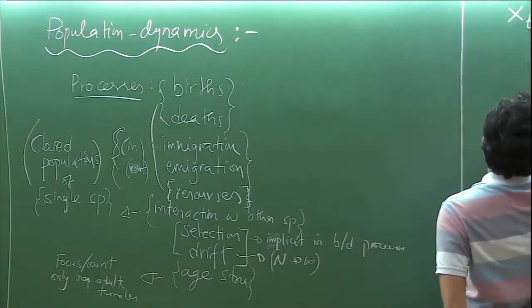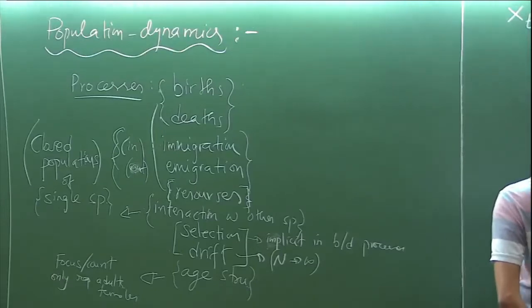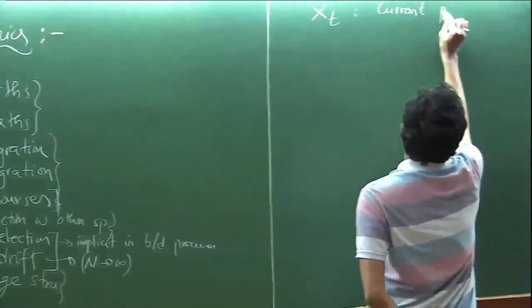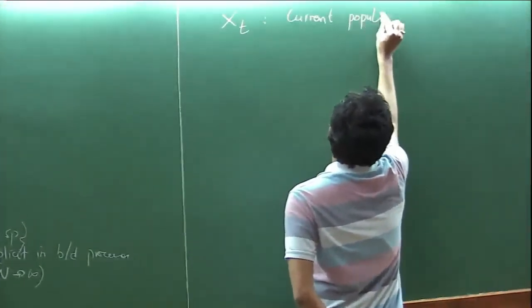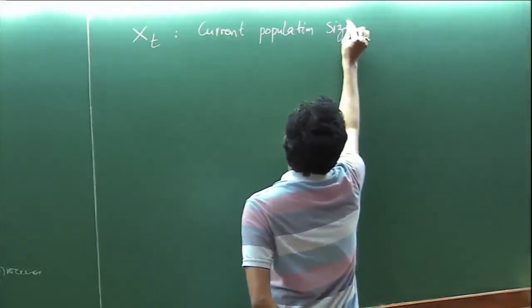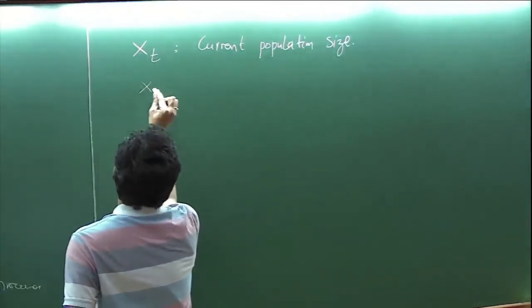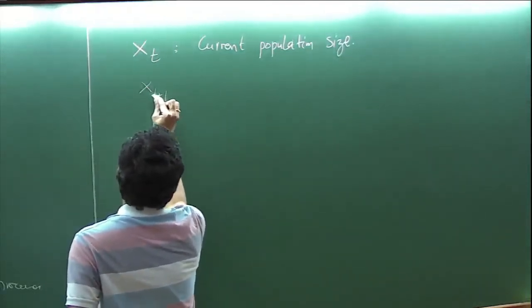Okay. So with that small discussion on what factors and processes drive populations, let's write down some notations. Let me write this as the current population size: X underscore T represents it.